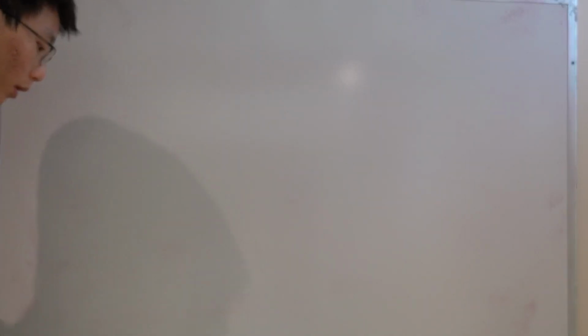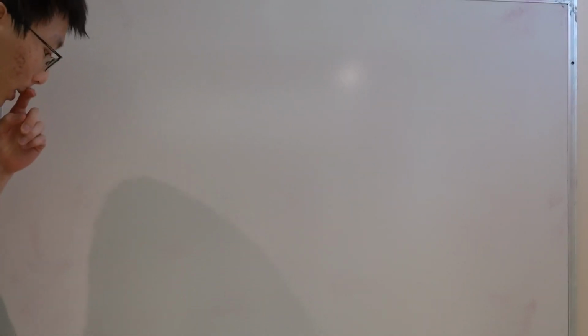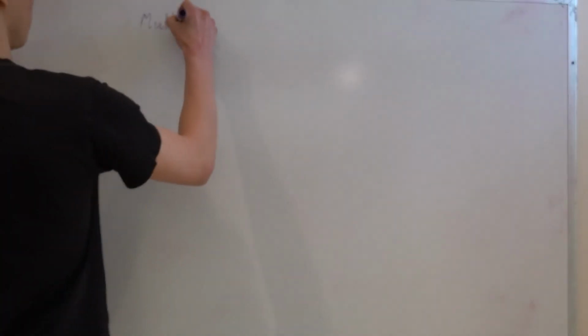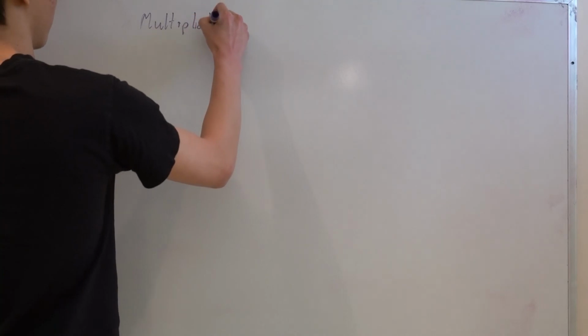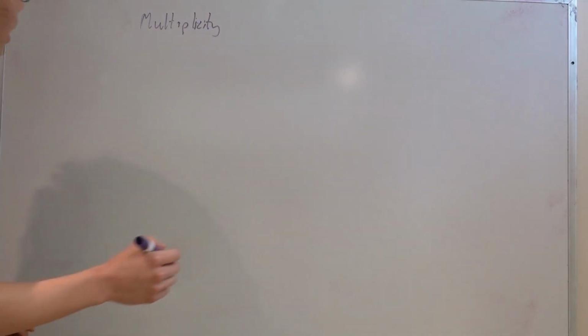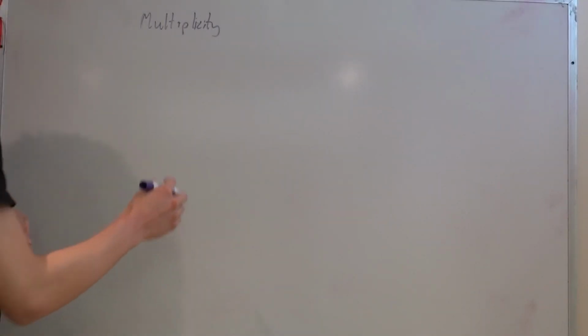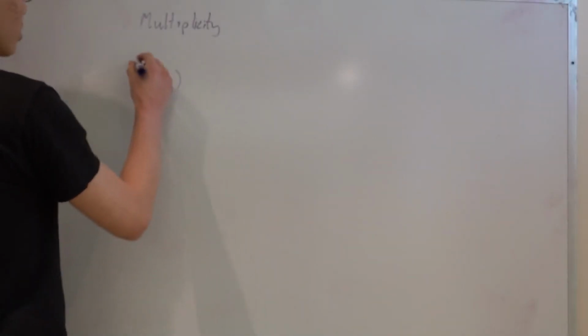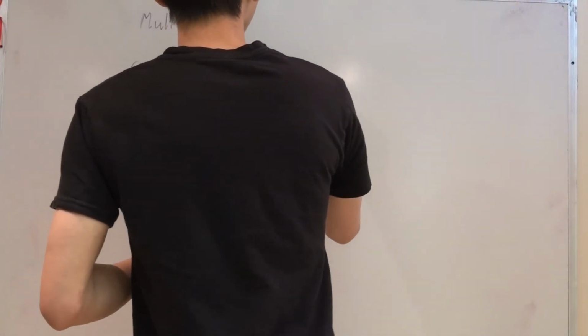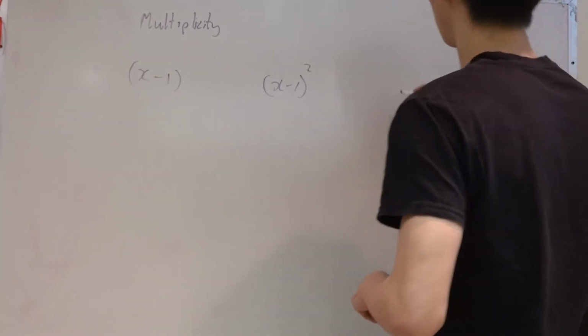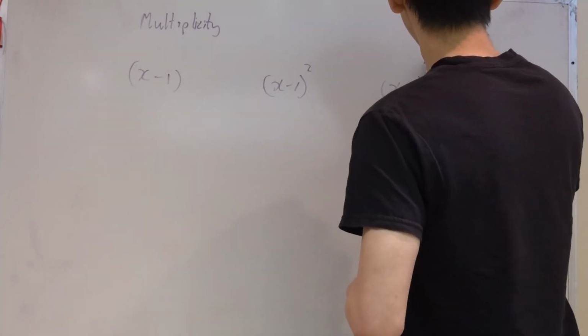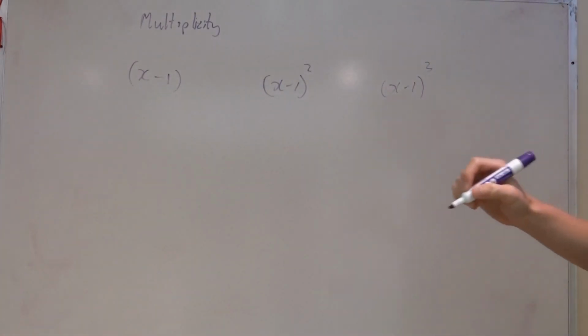So the first thing that we're going to analyze is something called multiplicity. Okay, multiplicity. And to really understand this, what I want you to do is graph the following: x minus 1, x minus 1 squared, and then x minus 1 cubed. Okay?